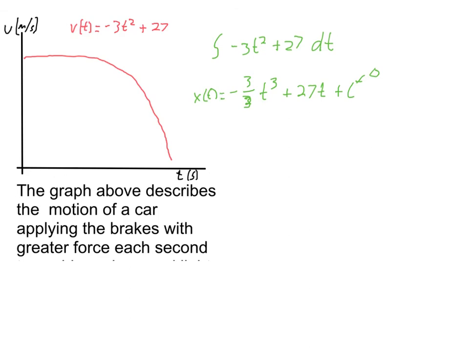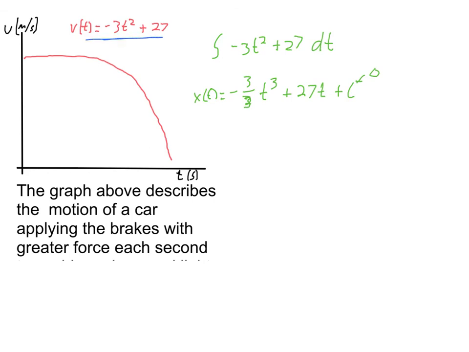Now, if we only knew the time that this car stopped, which it didn't tell us in the word part of the problem, it would be simple. I just plug that time in to those two, and I come up with my answer. But I do know the time that he stopped.